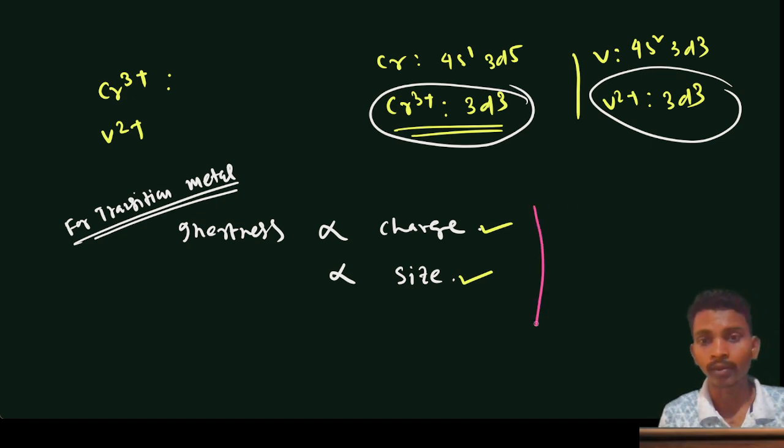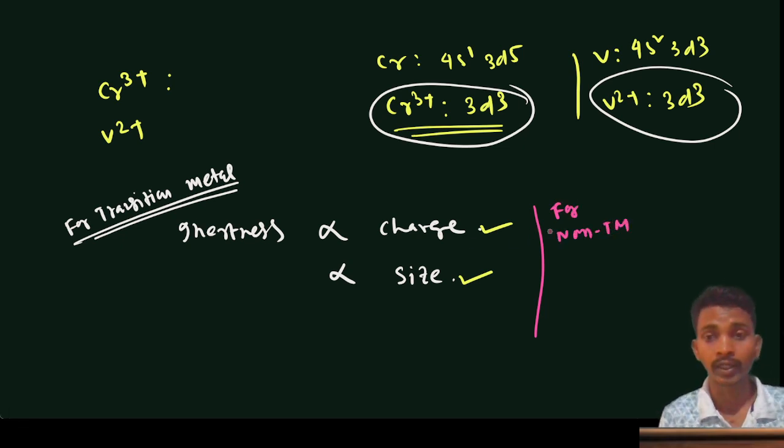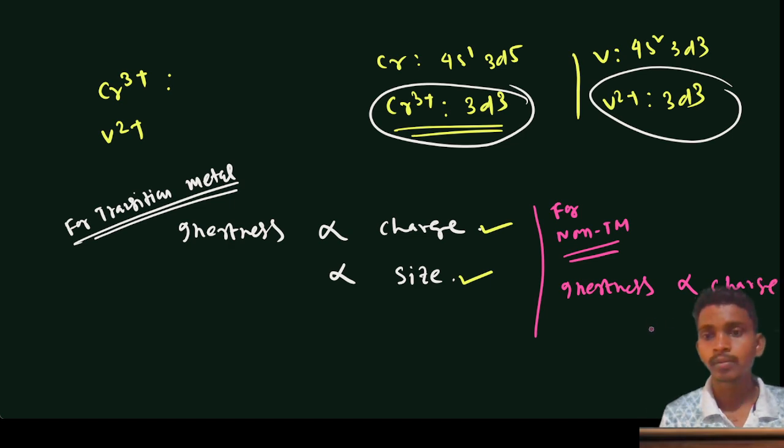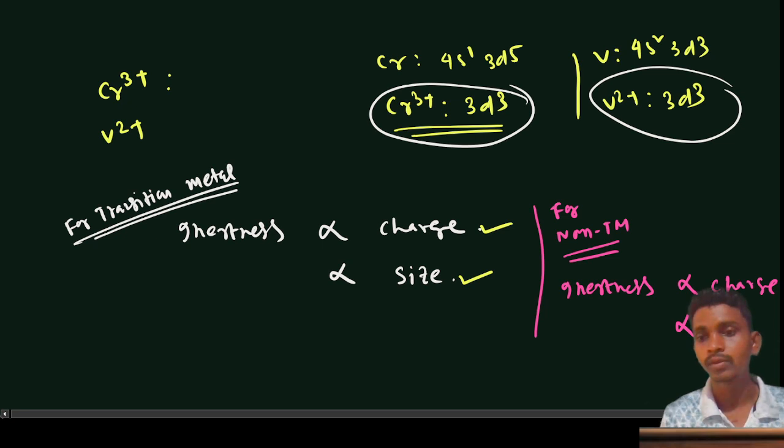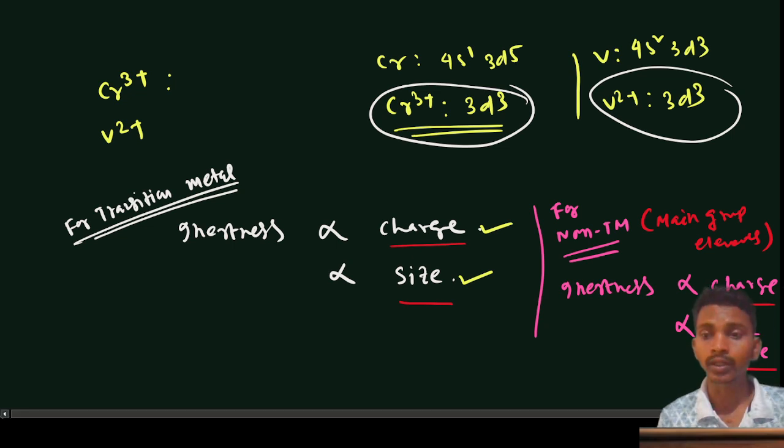And for non-transition metal complexes, like main group elements, inertness is directly proportional to charge, but inertness is indirectly proportional to size. Okay, so this you have to remember.